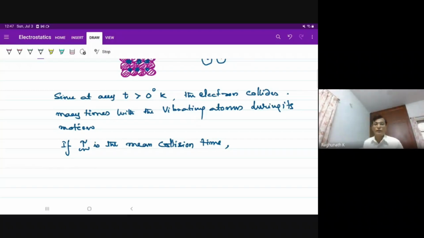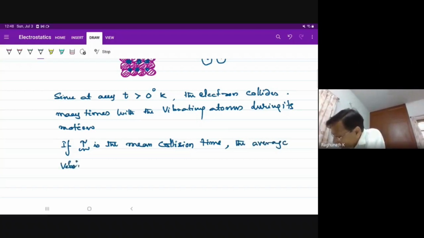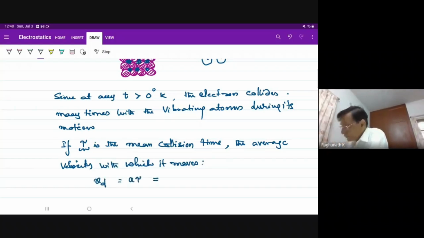Because of which the average velocity with which it moves is Vd equal to a into tau, which is equal to capital E small e by m into tau.